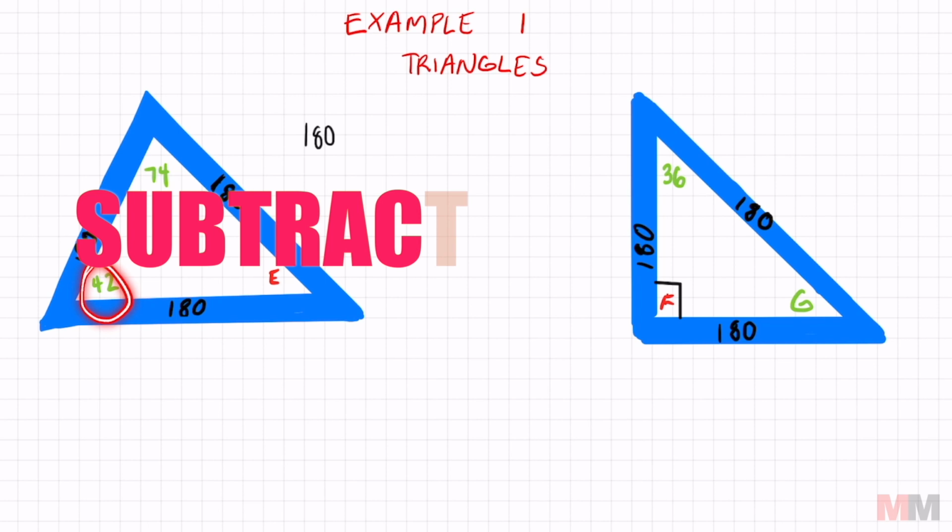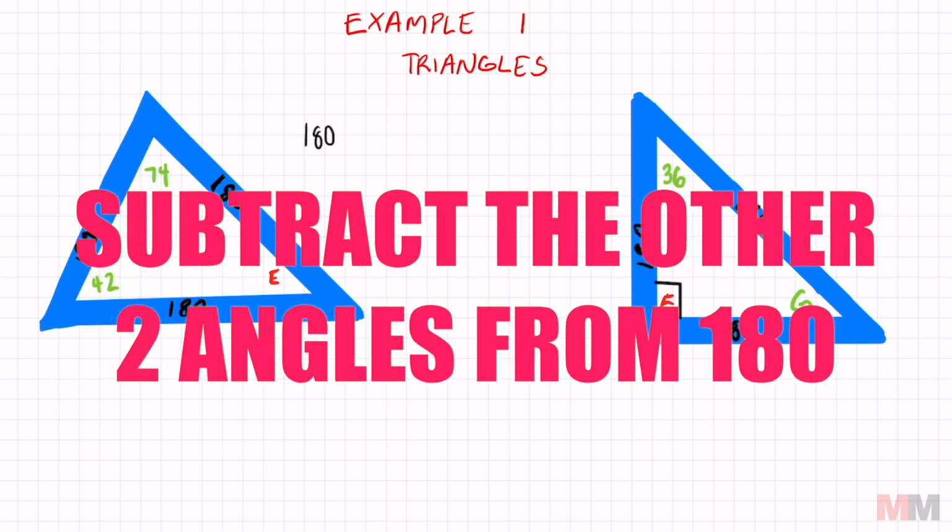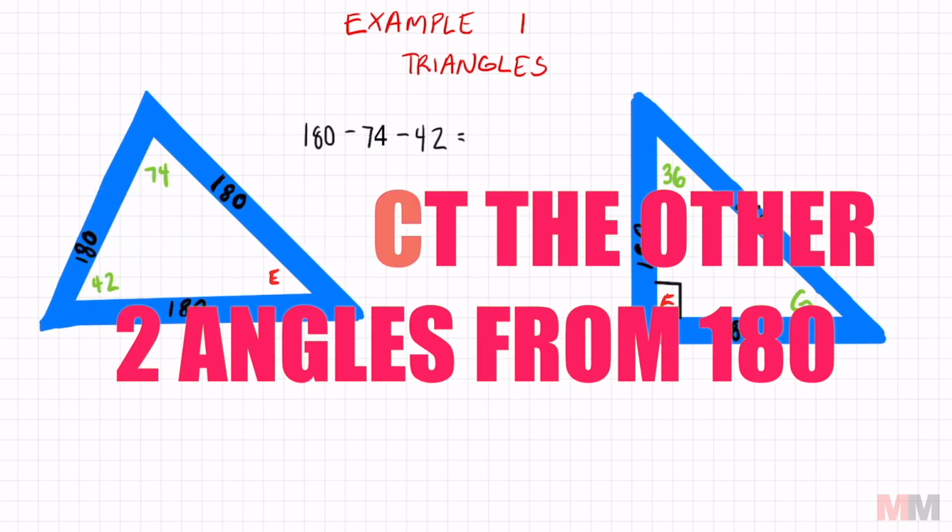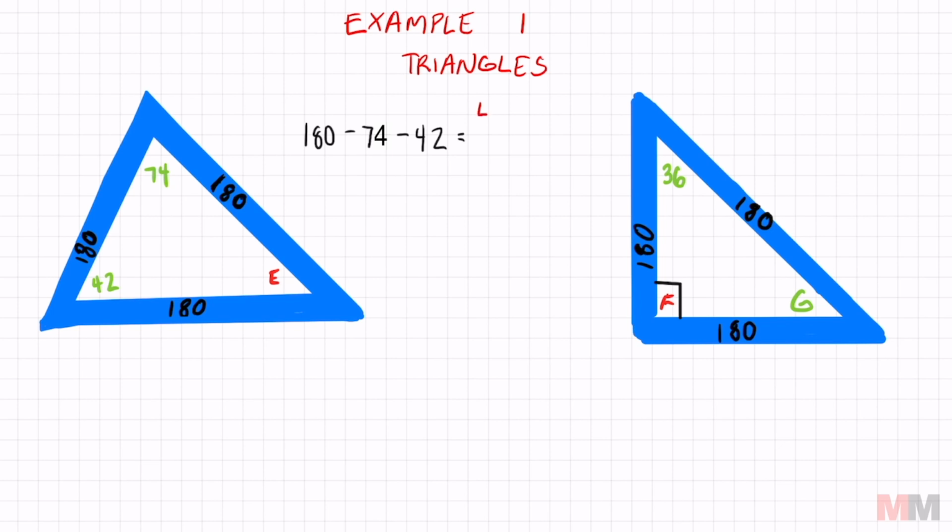We're going to subtract 42 and 74. It doesn't matter what order you do it, and you will get that angle measurement E. You should get 64. And here's how you check your answer. If I add 42 plus 74 plus the new angle I found, E, 64, that should equal 180, or you're doing something wrong.